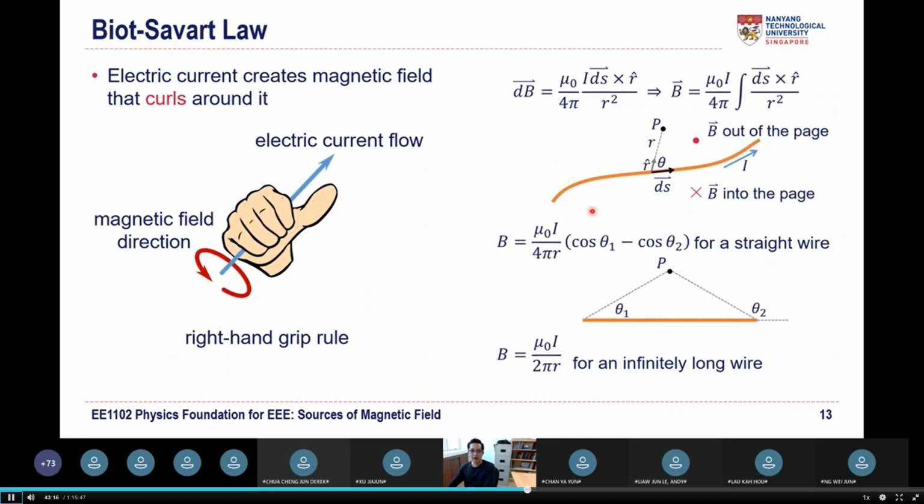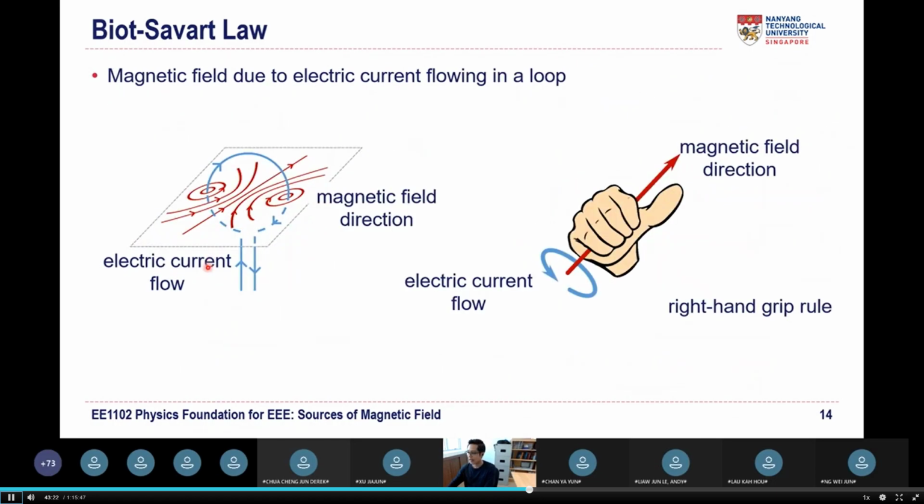So we talked about how having an electric current flow creates the magnetic field. And similarly, when we have current flowing in a circle, so if the current flow is a curve, that means it's flowing in a circle, then this also creates what?